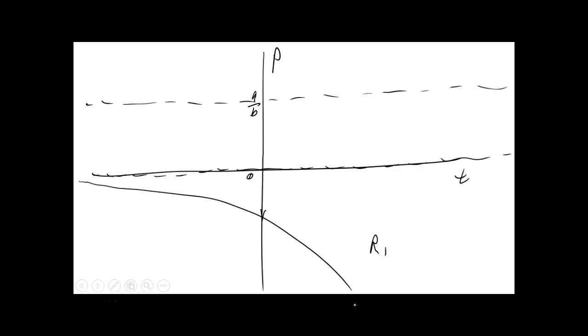If all you needed to know was some value, and I don't know why they call them all P0s. I would call them different things. In R1, that would be the shape of the curve there. If it had to pass through this, which they also call a P0, I'm going to call this a P1, and this a P2, because they call this region R2.